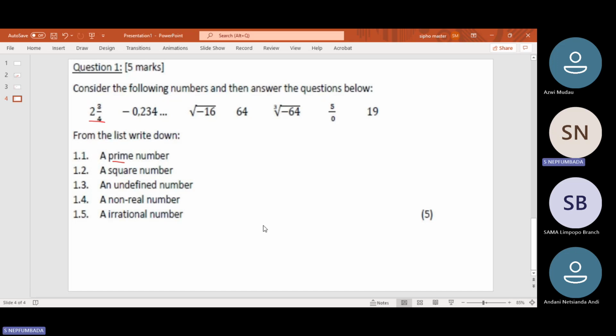What do you understand by the prime number? It's number 19. Did you answer the question, you guys? I said, what is a prime number, by the way? Good people, what is a prime number?